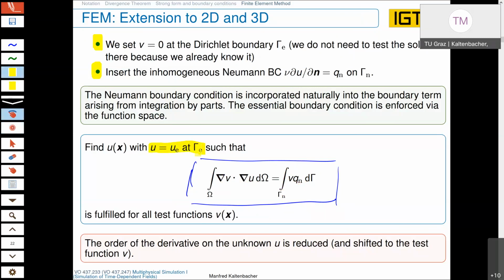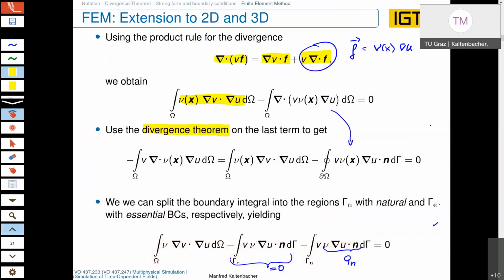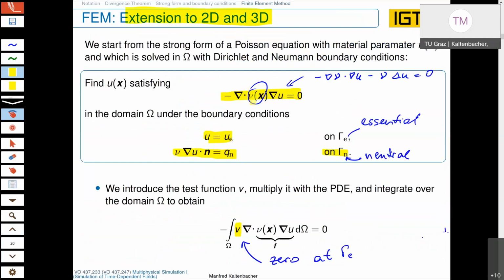What we have again gained, very importantly, is that we just have first order spatial derivatives. So again, we can use such hard functions, which would not be possible in the strong form, because such a hard function cannot be differentiated in a strong form.